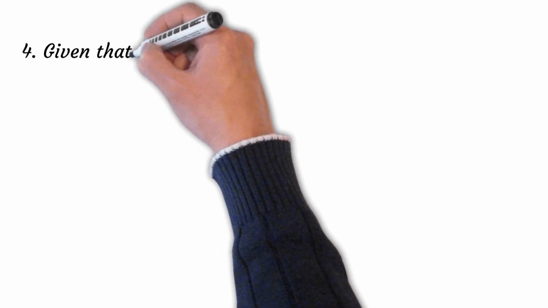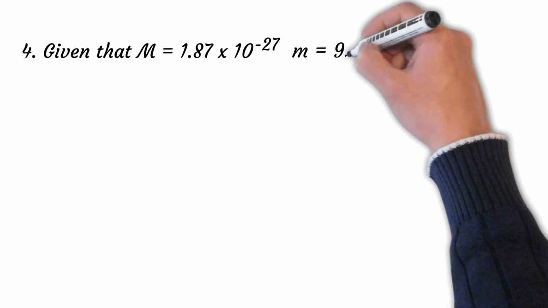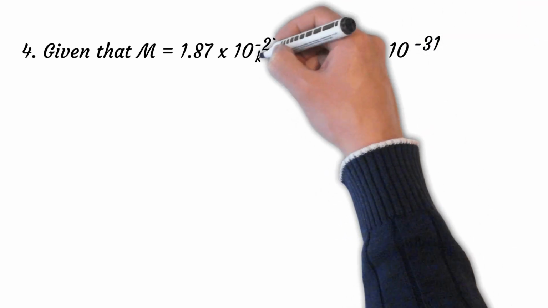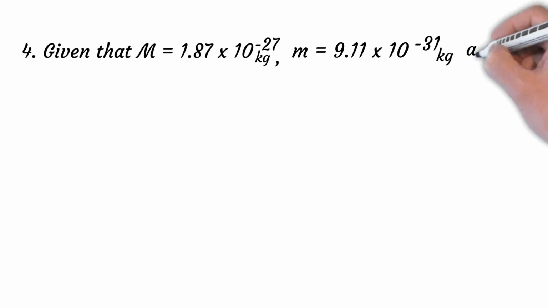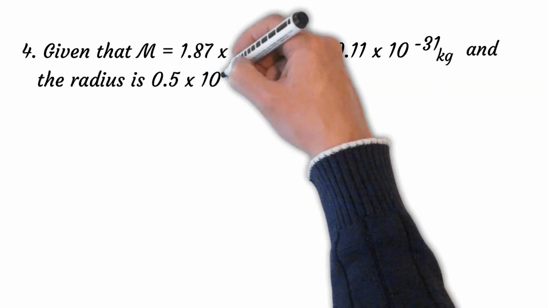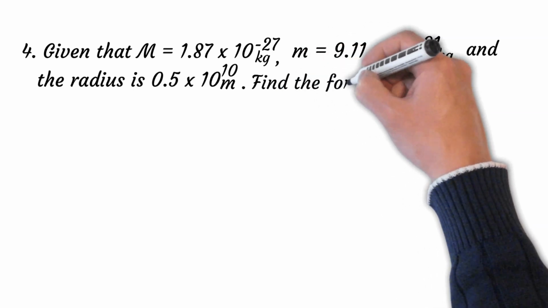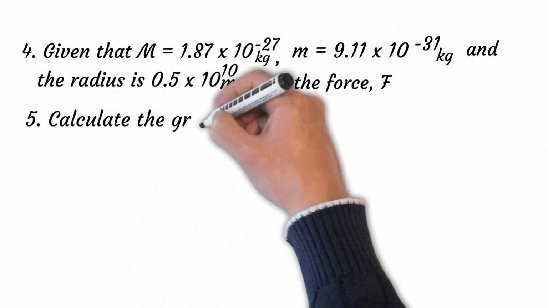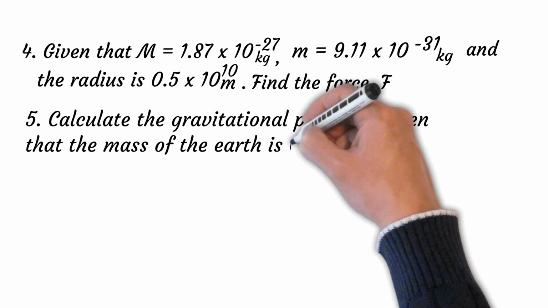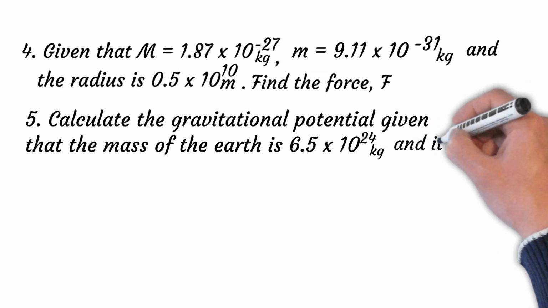In question 4, you're going to calculate the force of attraction between two masses that are given to you, and these two masses are separated by a distance, which is their radius, to get the value of the force in question 4. All right, the final question, you calculate the gravitational potential given the following parameters, to solve them.